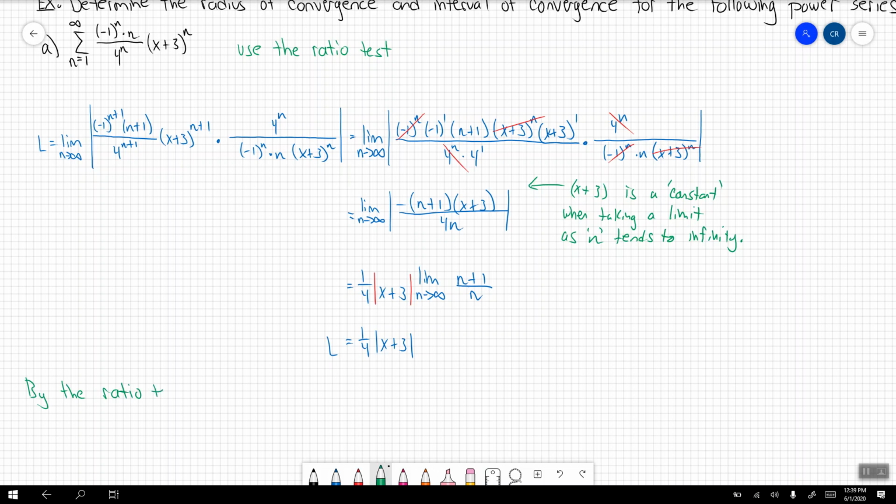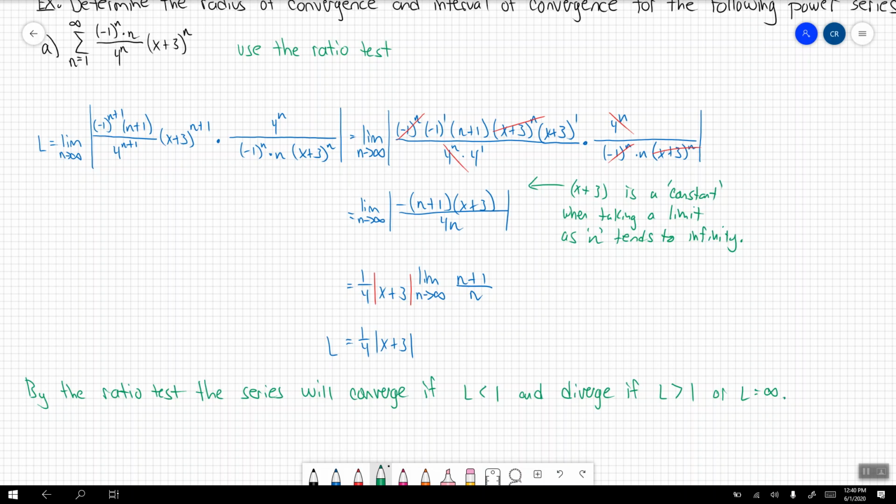By the ratio test, the series will converge if L is less than 1 and diverge if L is greater than 1 or L equals infinity.